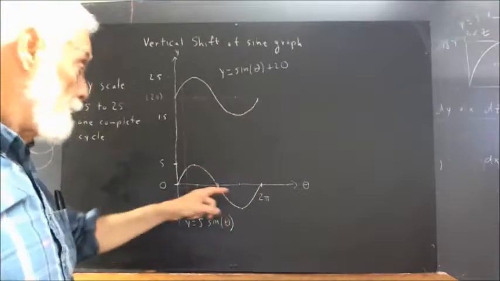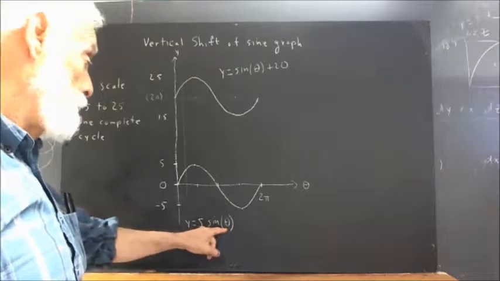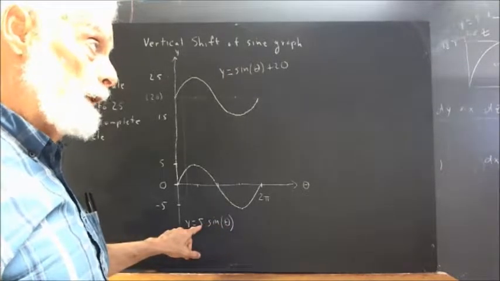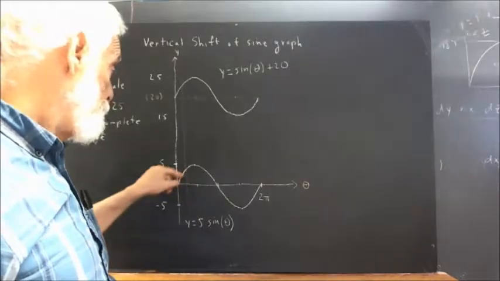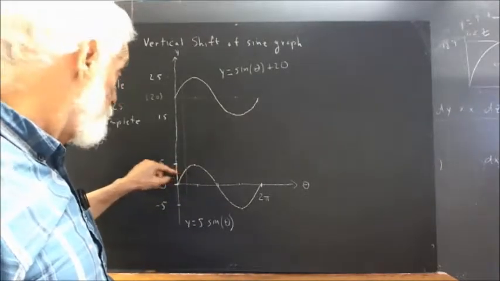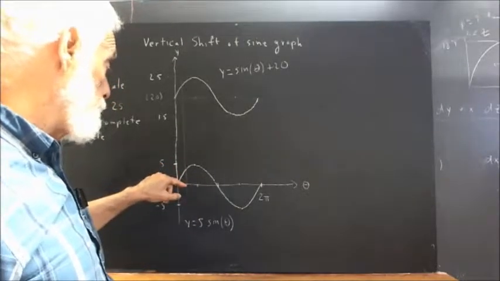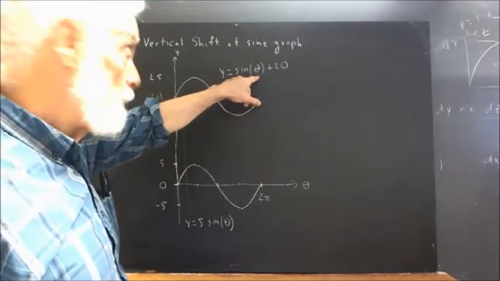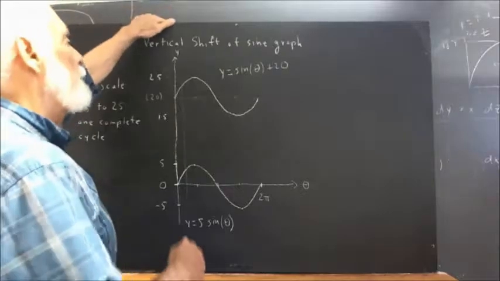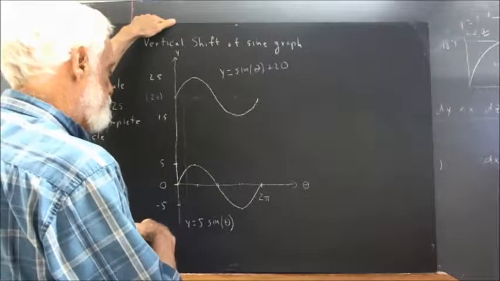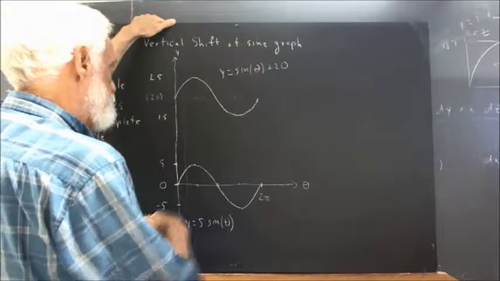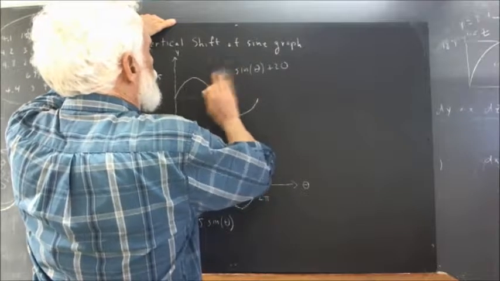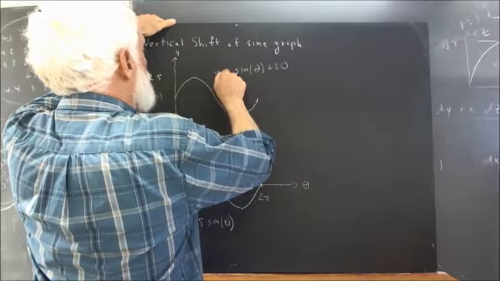So if we take a given value of theta, plug it in here, find the sine of that value, multiply that by 5, we get this y value. I got careless here. Hopefully you saw that before I did.